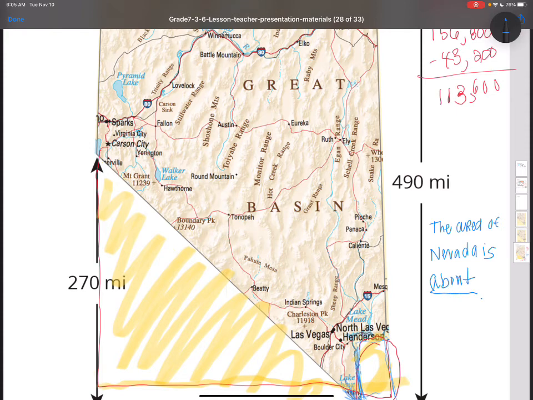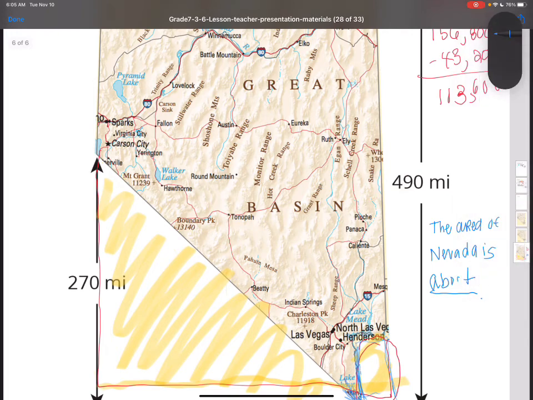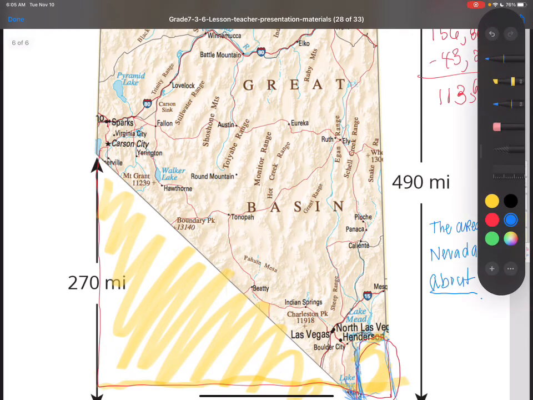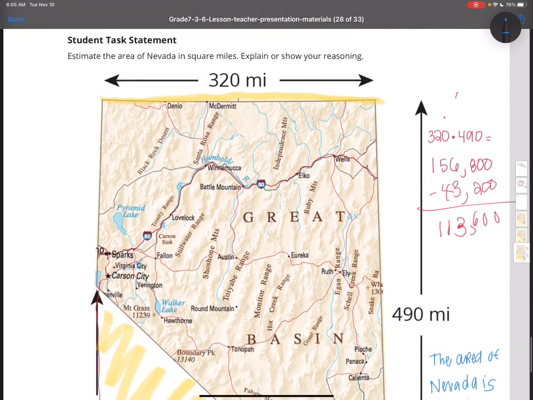I know my U looks like an N, so let me fix that. Is about 110,000 square miles.